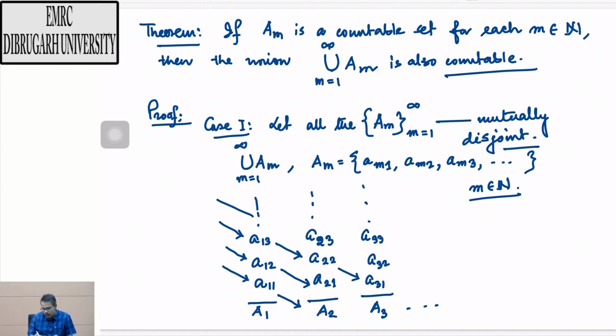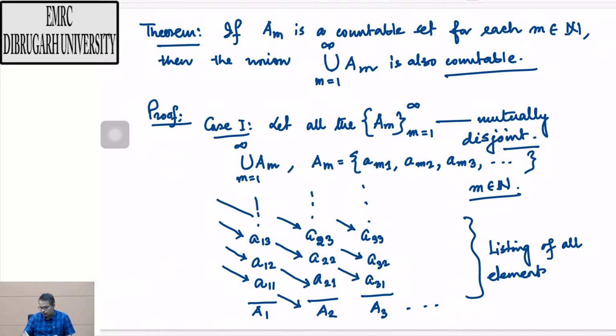This way, we can make a list of all these elements together one after another, and that will be the listing of all elements in the union.